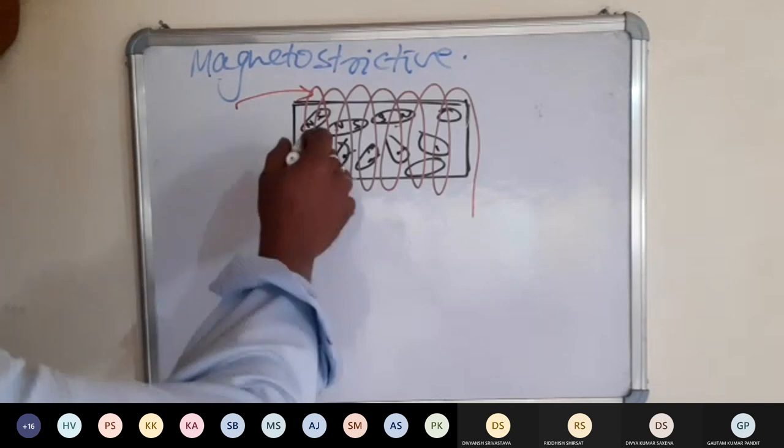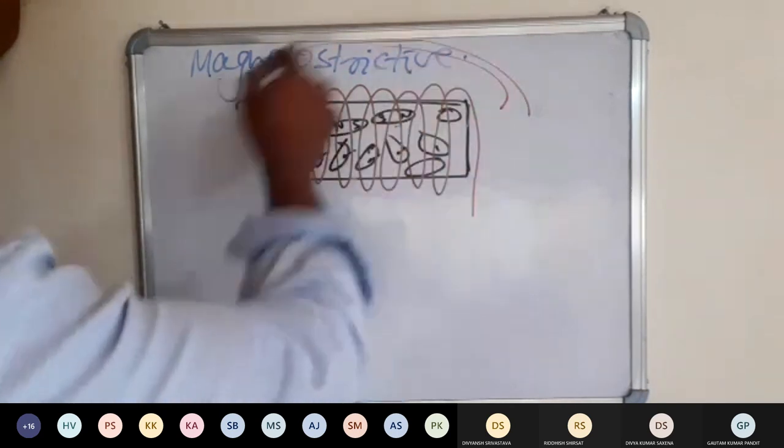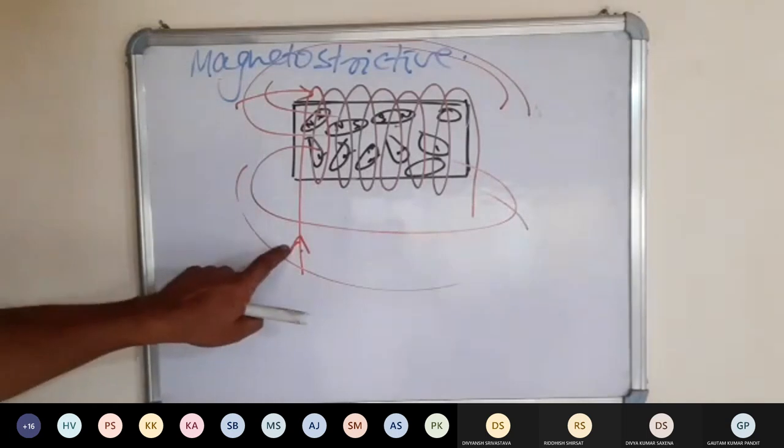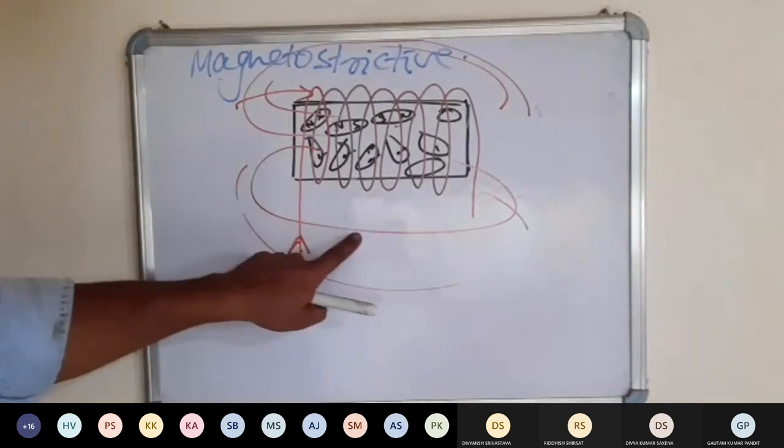The current will produce a magnetic field around it. The current has got a magnetic effect.